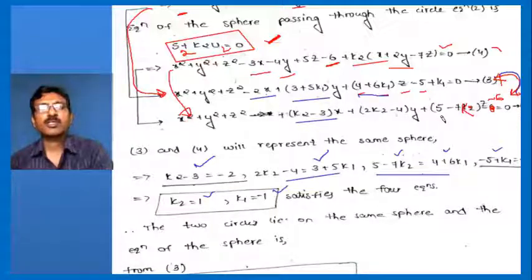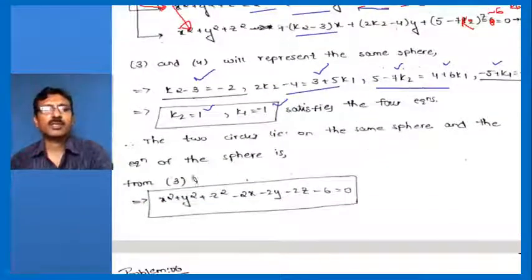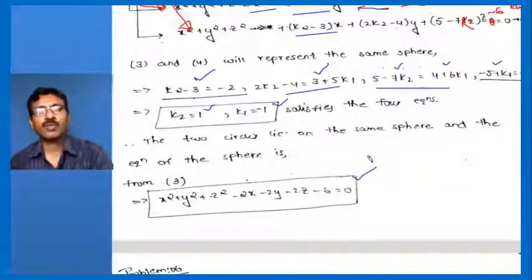The sphere passes through the given 2 circles. After substitution using equation 3 or 4, we get the result x square plus y square plus z square minus 2x minus 2y minus 2z minus 4 equal to 0.